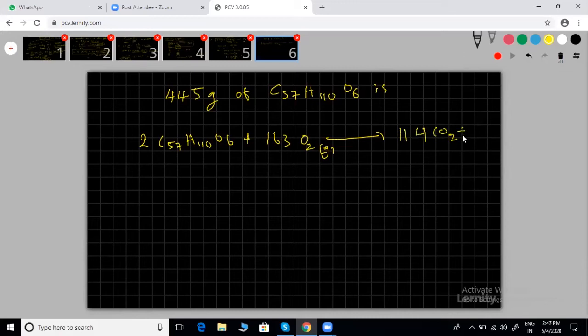Can you try? From 445 grams of this given compound, how much water will you get? First, you need to calculate the molecular weight. Try and give the answer.